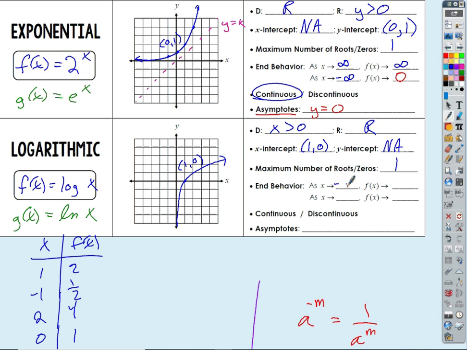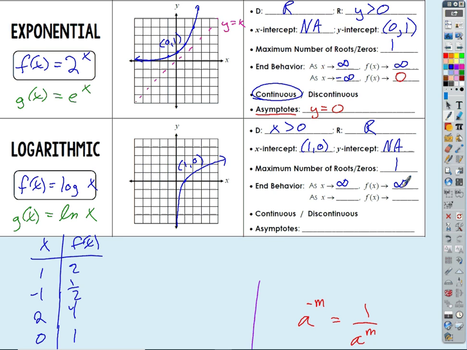So there's maybe a better thing that we could do on this one. We could do positive infinity first. As x approaches positive infinity, what does f of x or y approach? What do you think? Infinity, right? It's going to grow slowly, but it's going to grow forever. So that one's infinity. But what about this one?